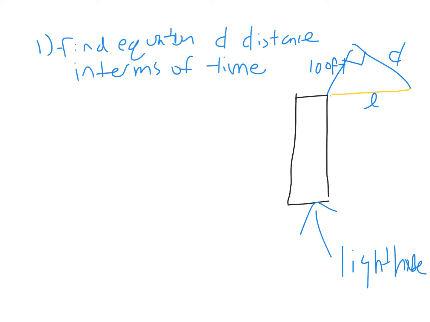And then we're going to find d when t is equal to 1/2 second and 3/2 seconds. There is a last part to this, but I'm going to hold off. We're going to find the equations first and then go from there.